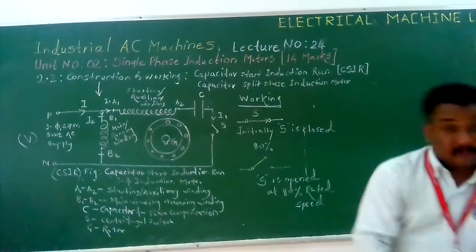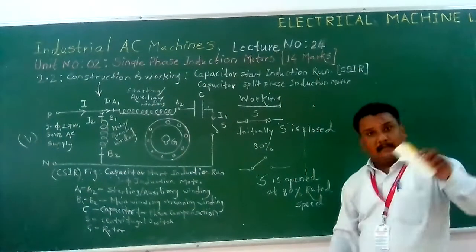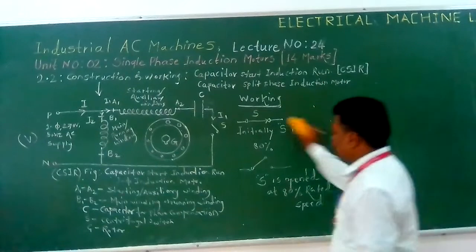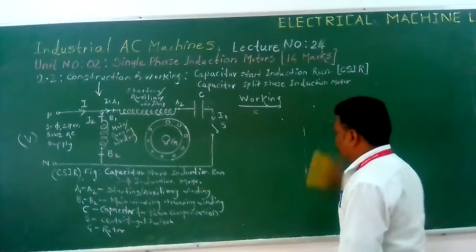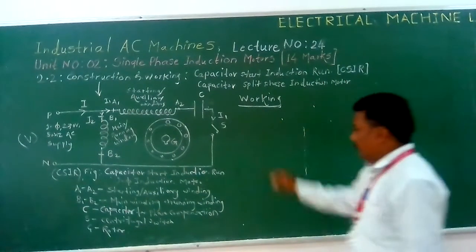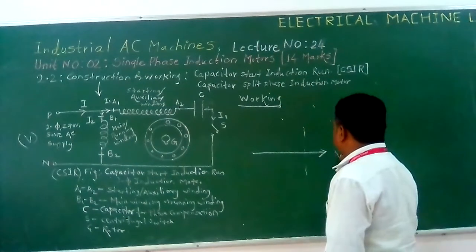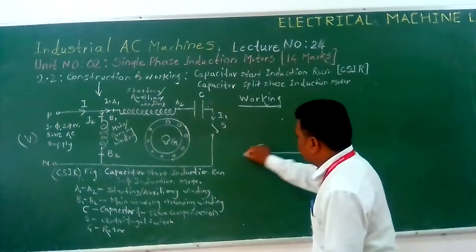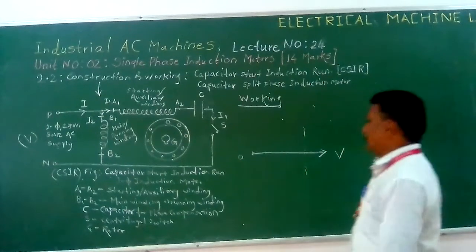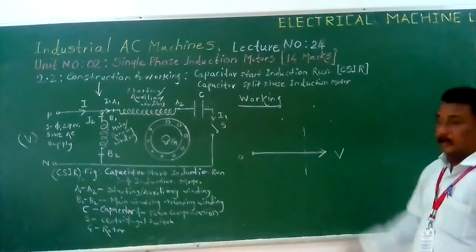Now we will see its phasor diagram. The phasor diagram also belongs to the working. We know that first of all we apply the rated voltage V, the origin, the supply voltage.